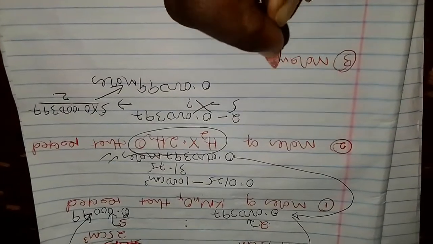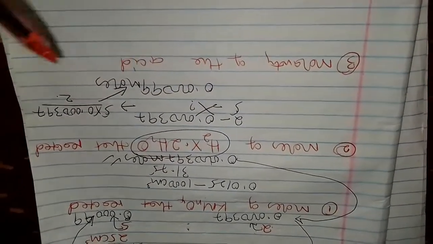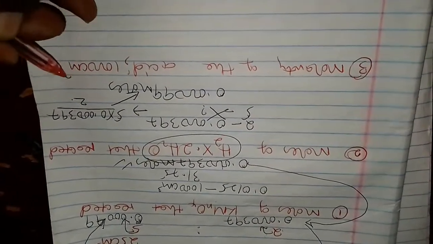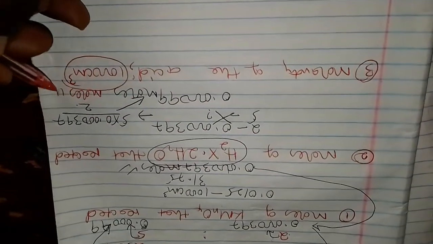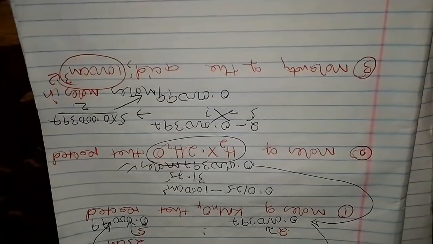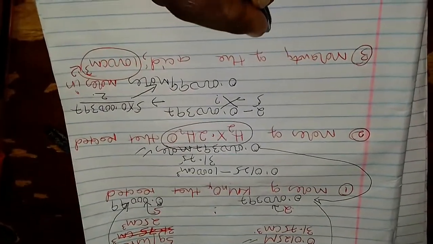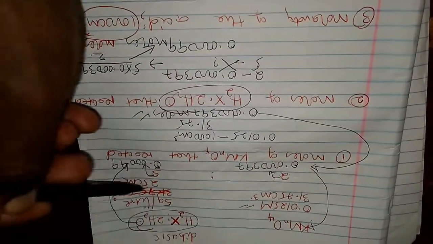I can get the molarity of the dibasic acid. So molarity of the acid. And of course, molarity means the moles in 1,000 centimeters cubic. The moles in 1,000. So I'll come here and say that the volume that was used was 25.